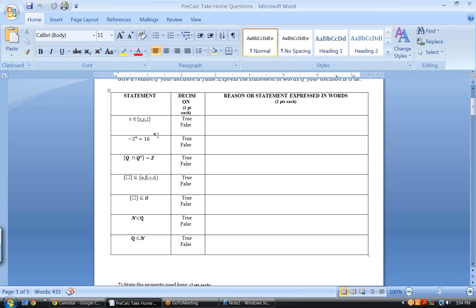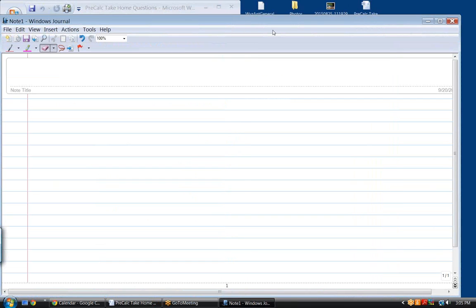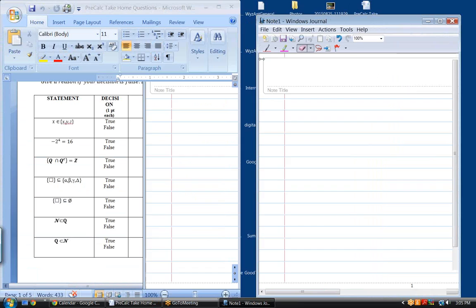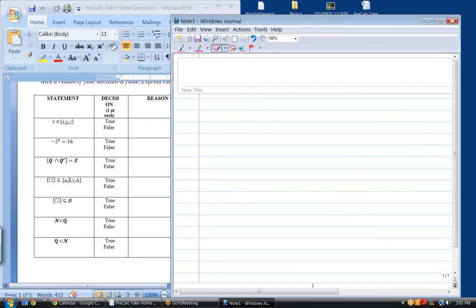How about the second one? -2 to the 4th power equals 16. Well, is that true or false? False. Correct, because there's no parentheses. In other words, if the problem was the following, if it was (-2) to the 4th power, that would be true.